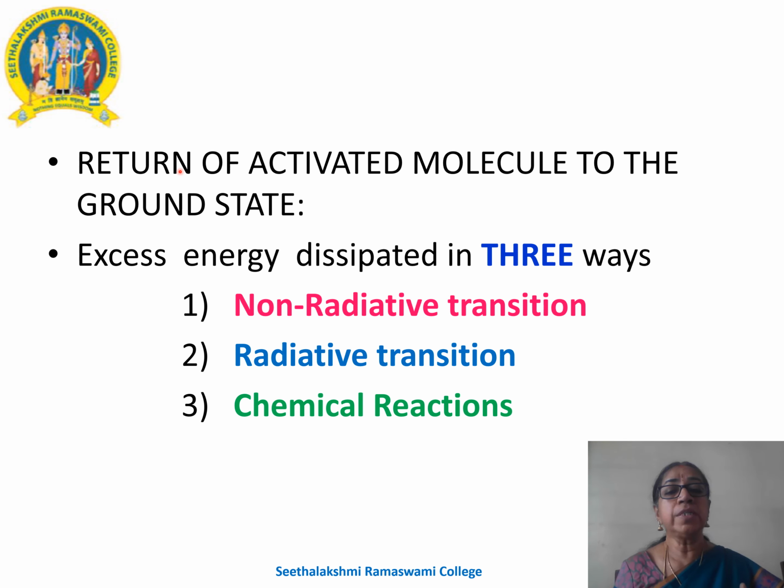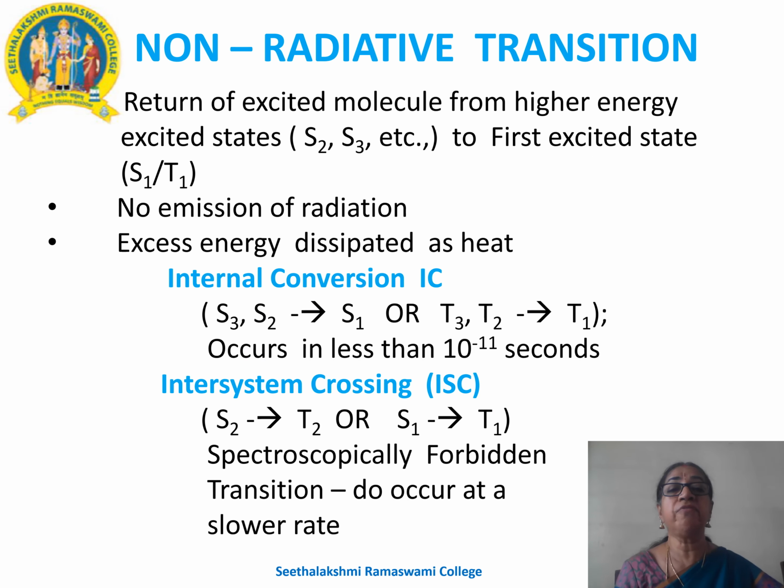This return process occurs in three ways. One is non-radiative transition, the second one is radiative transition, the third one is chemical reaction. Let us discuss one after another. The first one is non-radiative transition.